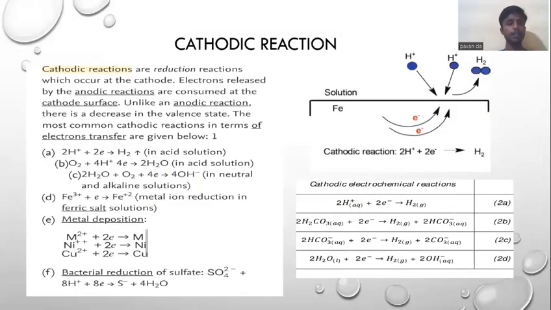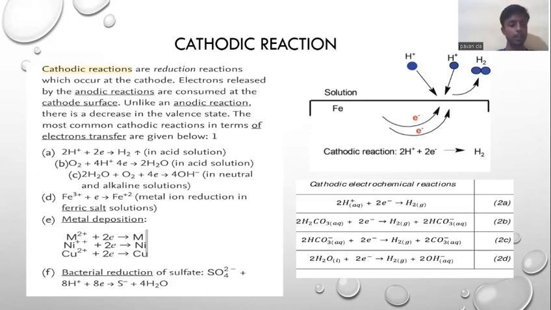Next, cathodic reactions. Cathodic reactions are reduction reactions which occur at the cathode. Electrons released by the anodic reactions are consumed at the cathodic surface. Unlike an anodic reaction, there is a decrease in the valence state. The most common cathodic reactions in terms of electron transfer are given below.